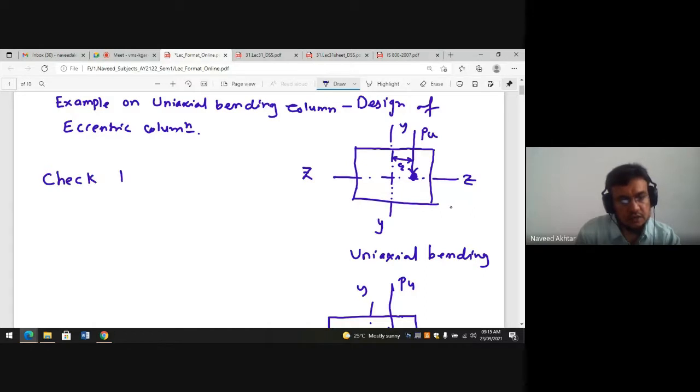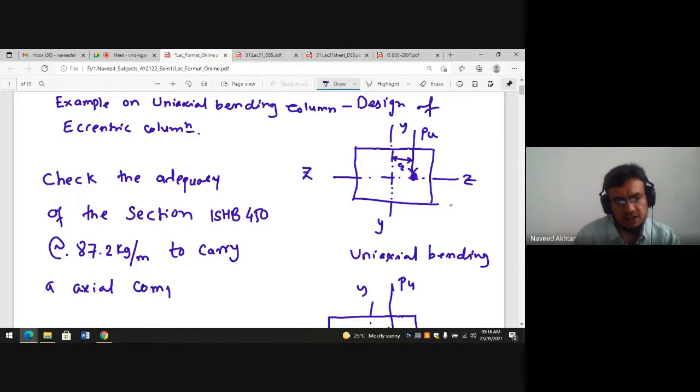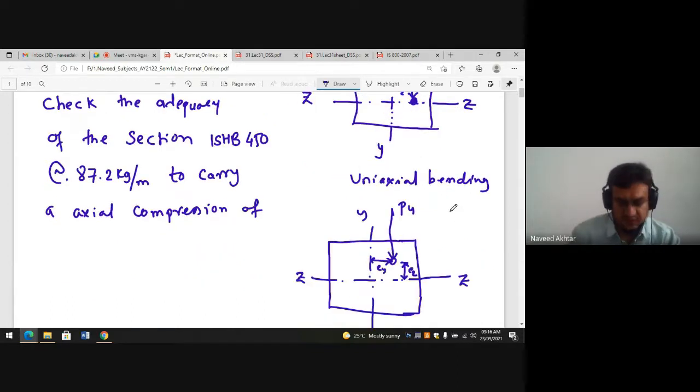Check the adequacy of the section ISHB 450, 87.2 kg per meter, to carry an axial compression of 750 kilonewton.